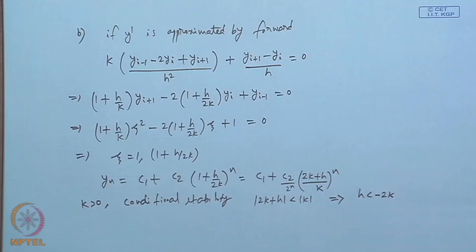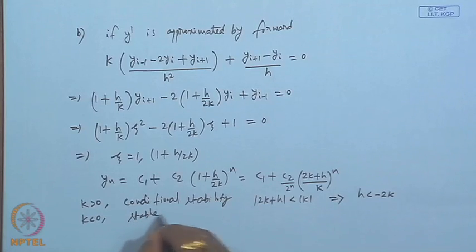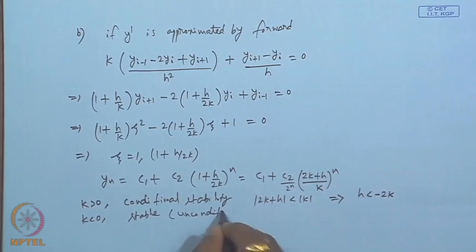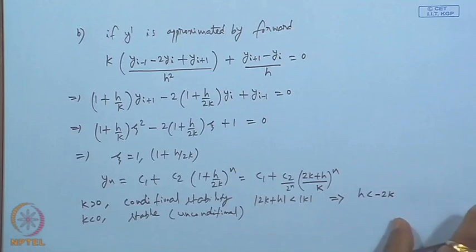Okay. Then k less than 0, we get unconditional stable, and k is less than 0. Okay. So, k is much smaller than 1, it is highly infeasible because it grows.